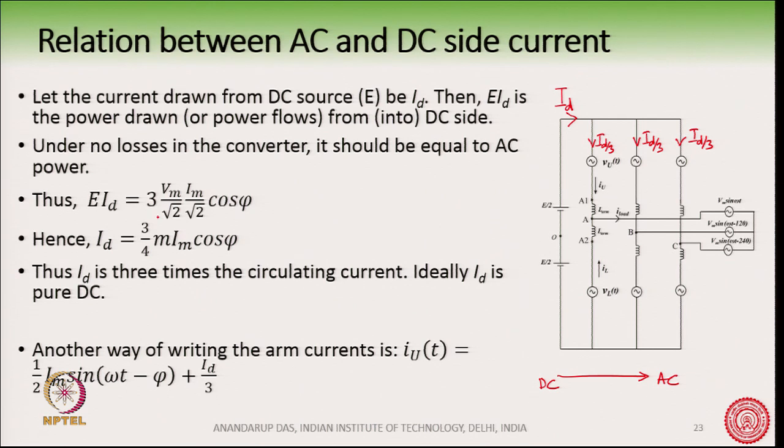The DC power flowing into the arms is E ID, and these two must be equal, because we are assuming an ideal converter and perfectly balanced capacitors, with no energy loss anywhere. And so, this ID is 3/4 m I_m cos phi.